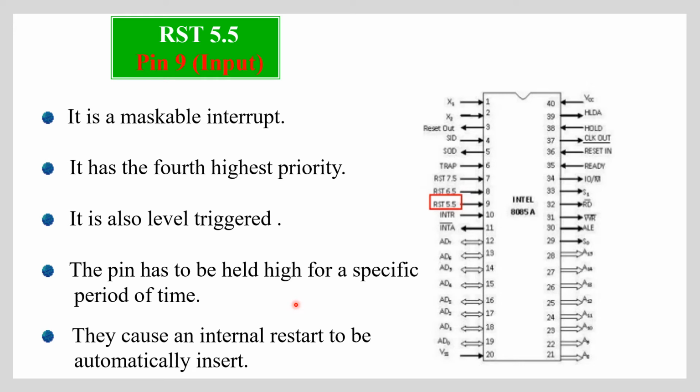Again, when this interrupt comes and it is recognized by the microprocessor, the next instruction is executed from a fixed location in memory. So it transfers the control to memory location 002CH. It is a maskable interrupt. It causes an internal restart to be automatically inserted. So it is also an input pin, that is RST 5.5. It has the fourth highest priority and it is maskable.